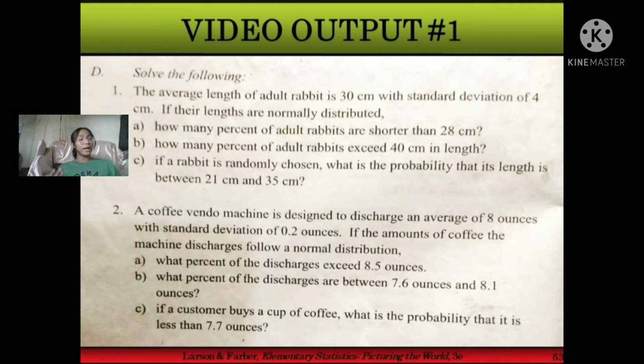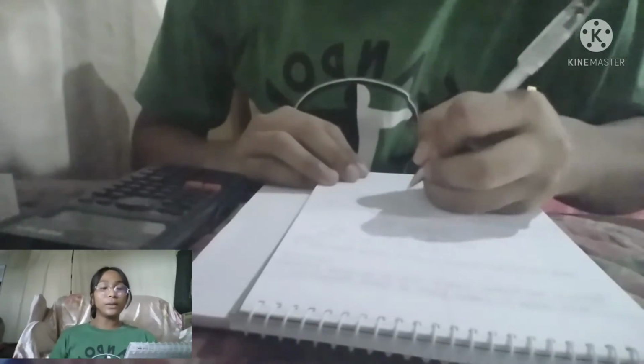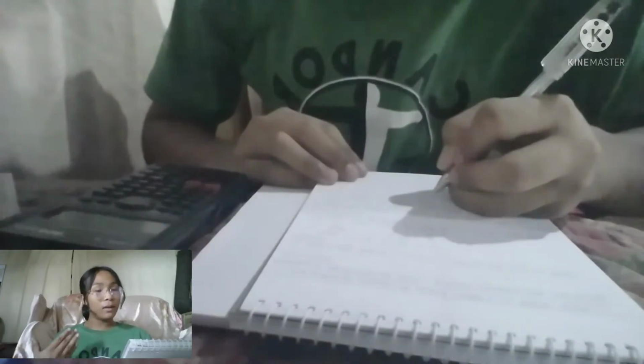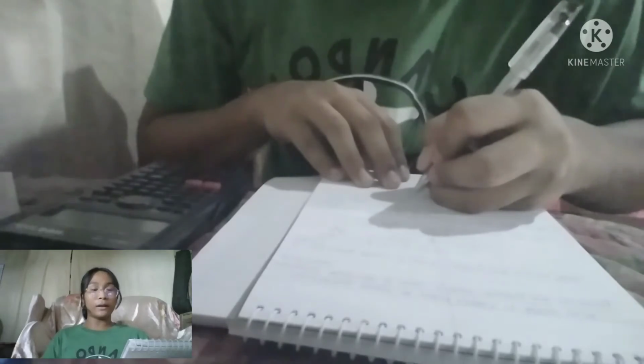So, the first step is the given. Ililista muna natin yung given. X is equal to 8.5, mean is equal to 8, and standard deviation is 0.2. Ganun lang ulit yung formula: z equals x minus mean over standard deviation.